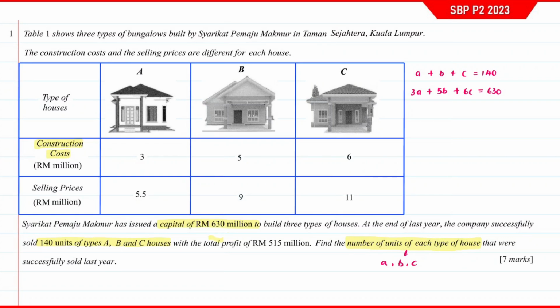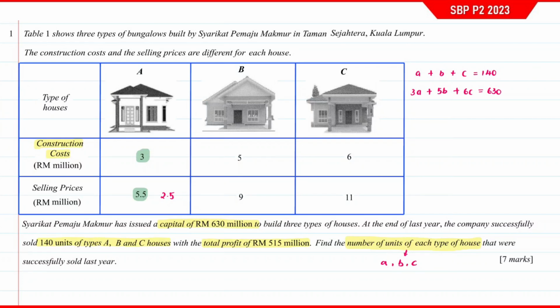And for the other equation, we're going to use the total profits of RM515 million. To find the profits, we're going to use the selling price minus the construction price. So for house type A, 5.5 minus 3, the profit will be 2.5 million.